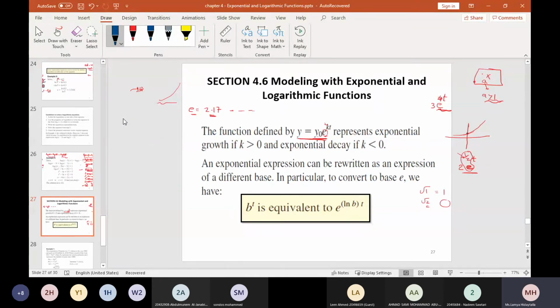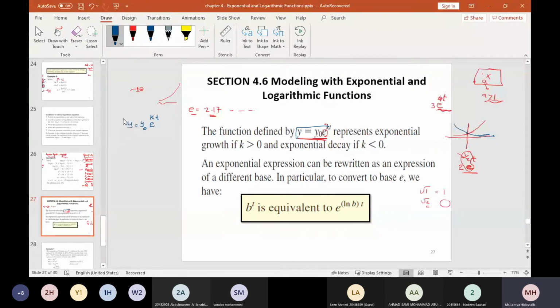The function will be decreasing like that, and it will come nearer to 0 but never cross the x-axis, as we saw before. So always the function in this form, y equals y not e to the power kt, is a kind of exponential function.